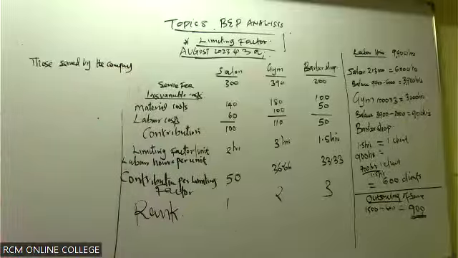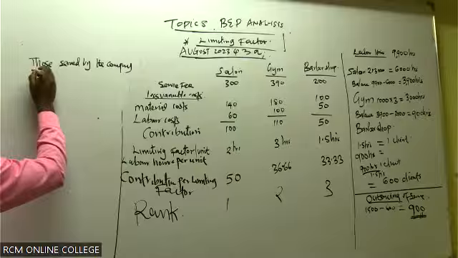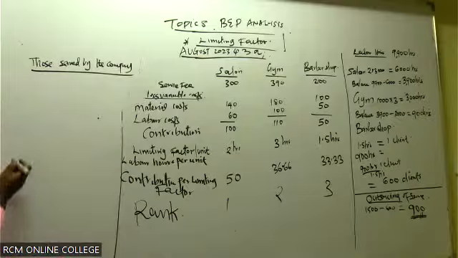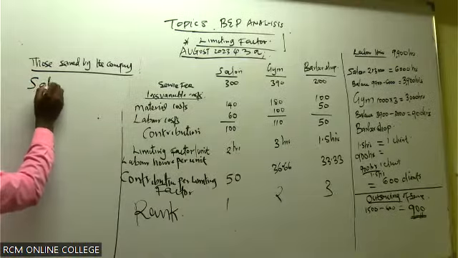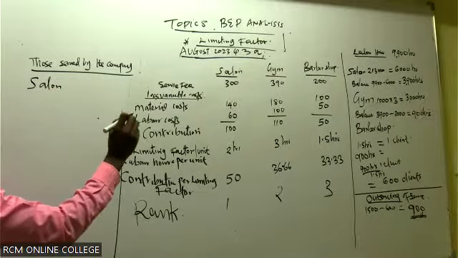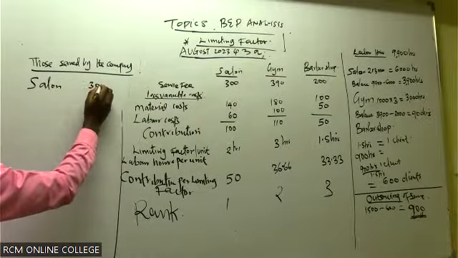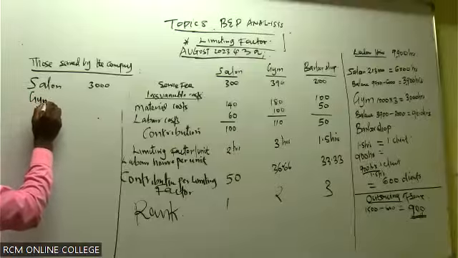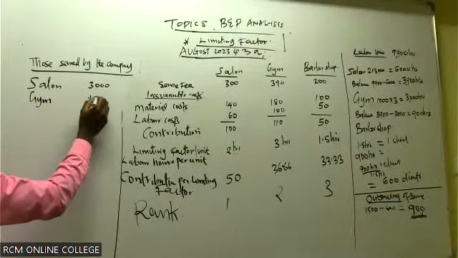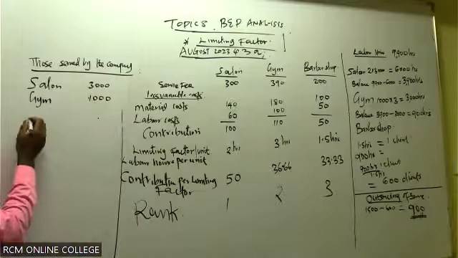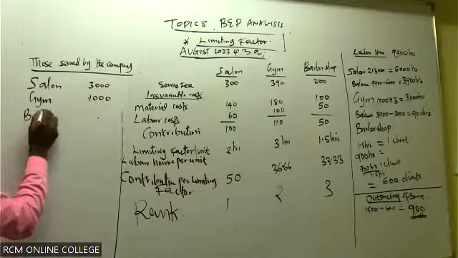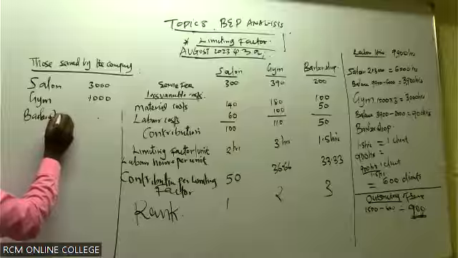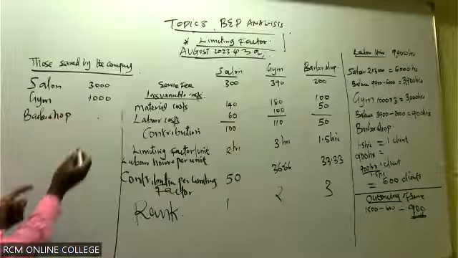Those served by the company, we are going to have in the salon, they are going to serve all of them 3,000. In the gym, they are going to serve all of them 1,000. In the barber shop, they are going to serve how many clients? 600.